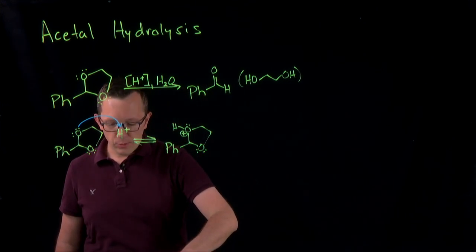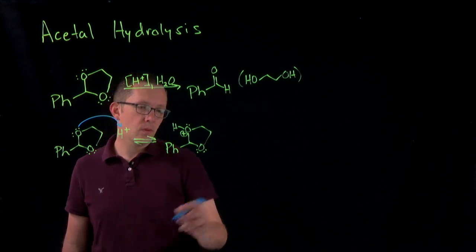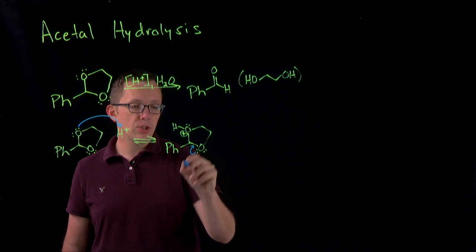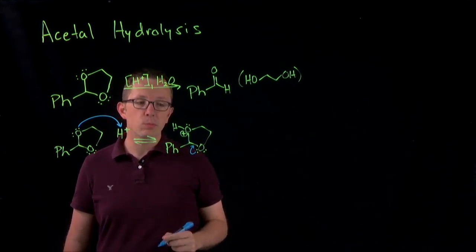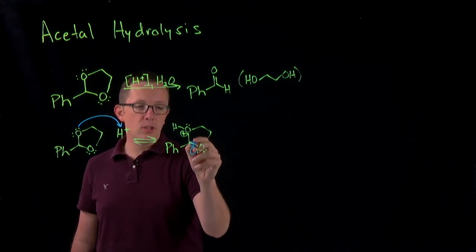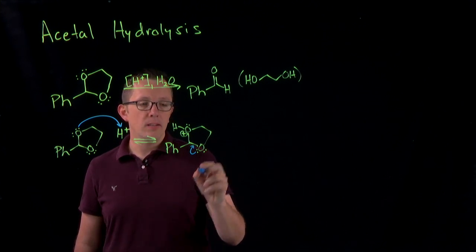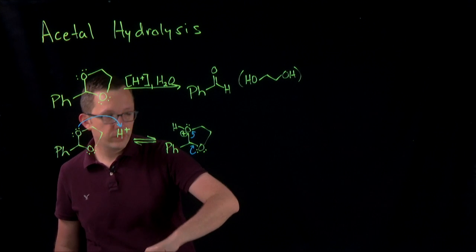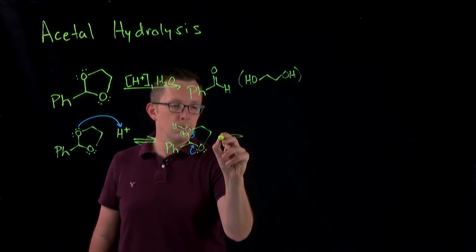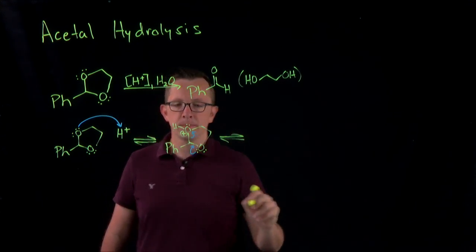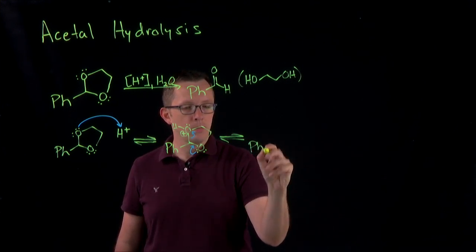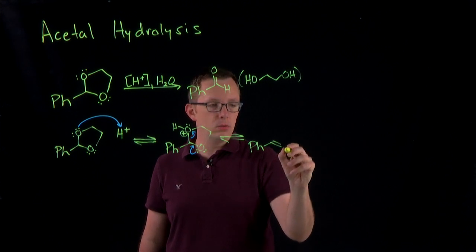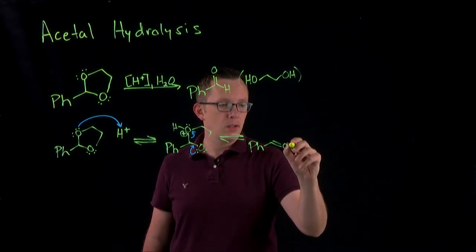This protonated intermediate now, we're going to take a lone pair on the other oxygen, and we are going to push that down in order to form a CO double bond. And at the same time, we're going to take the other CO bond, and we're going to push those electrons towards the positive charge on oxygen. So now we have a CO double bond.